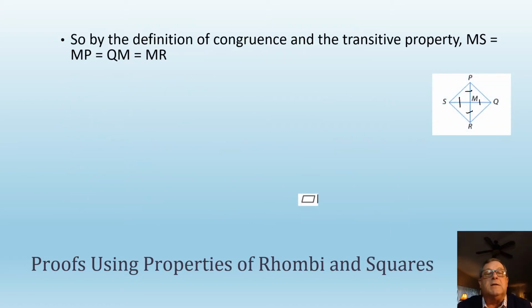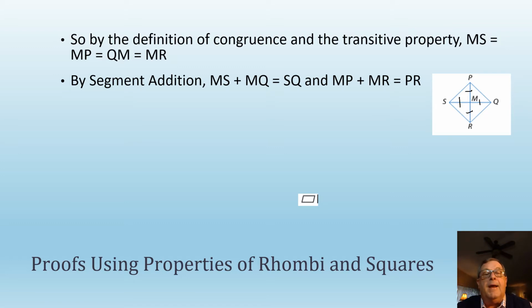All right, so let's see. By definition of congruence and the transitive property, then MS is equal to MP, and QM is equal to MR. So all four segments in those diagonals are equal to each other. And by the segment addition postulate, MS plus MQ equals SQ, okay?